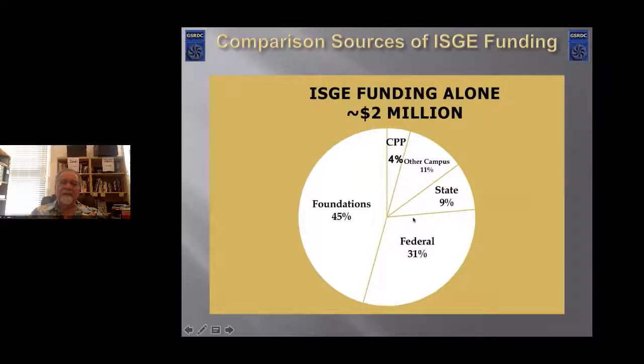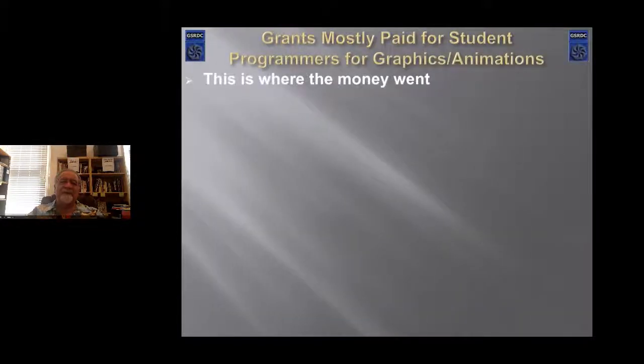And then we got an additional 30% from federal and from foundations, 45%. Although these did not really participate in producing the program. I'm essentially a producer in that case. And at the end, we'll talk about prospects for the future.